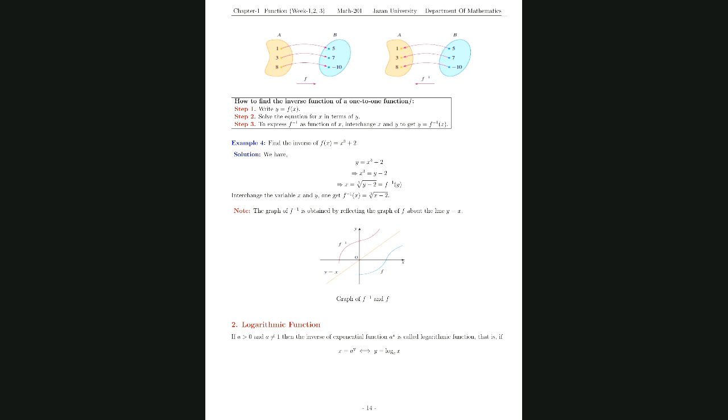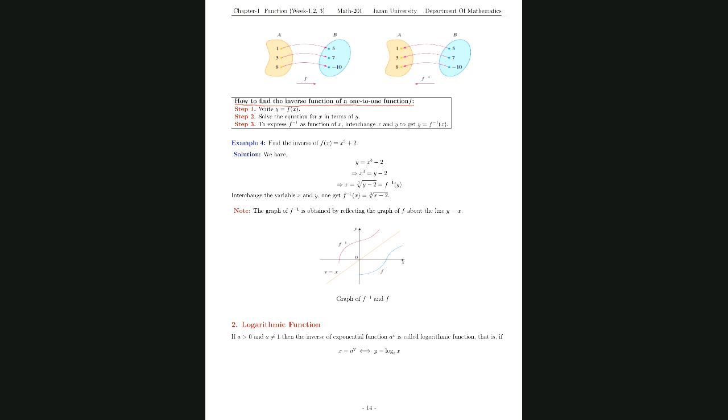How to find the inverse function of a one-to-one function f. If you have a one-to-one function, then you can find its inverse f inverse. So this is the rule, this is the method.